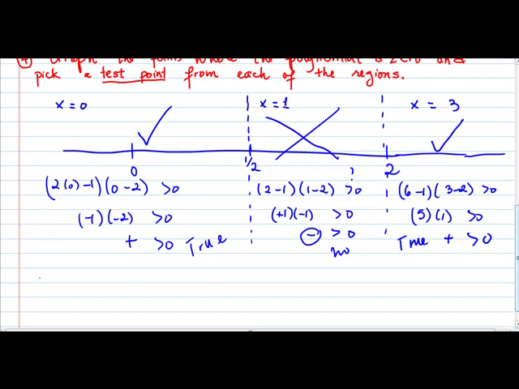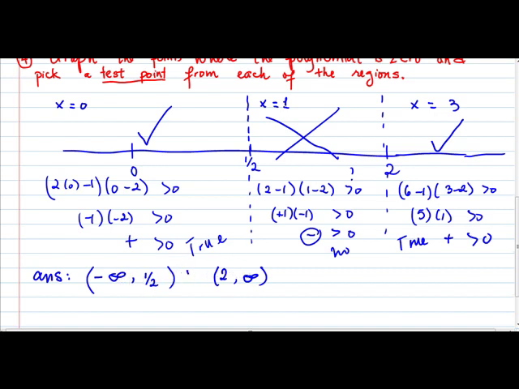Okay. So now here is our answer. From here to here is our solution. So this interval here, I have from minus infinity to 1/2. Then we also have from 2 to infinity. Our solution belongs inside here or inside here.